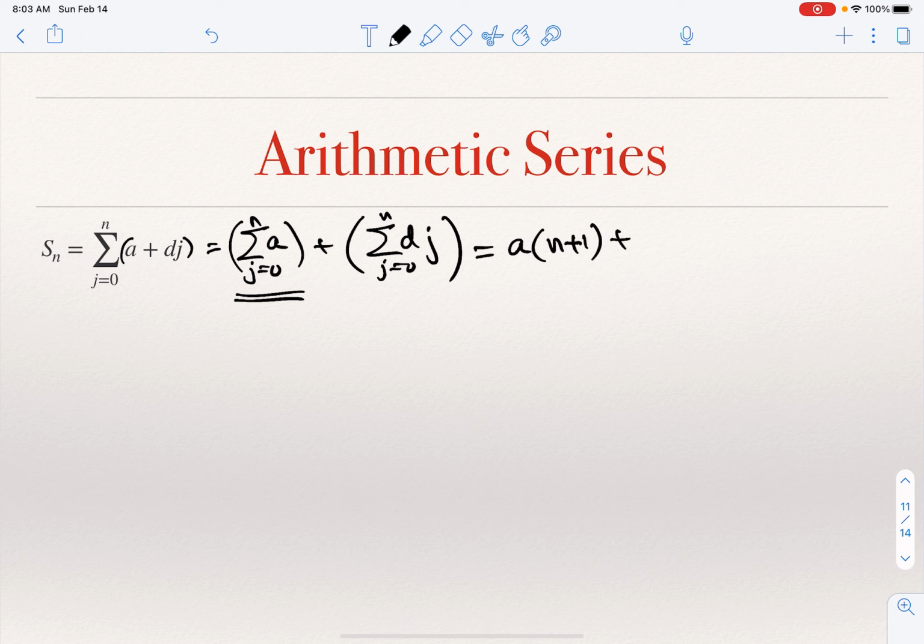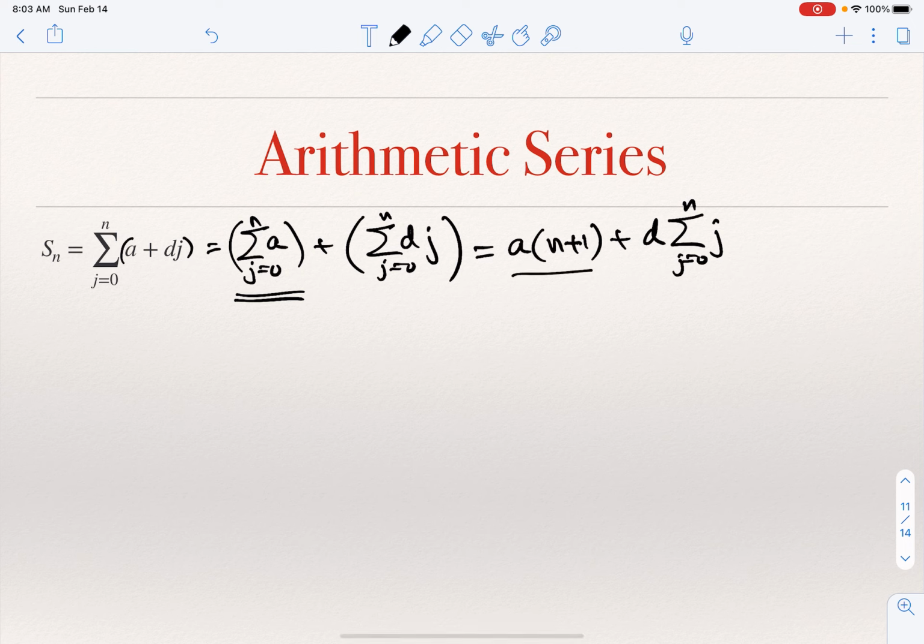The second thing is, since the second term is the summation of dj, it's d times 0 plus d times 1 plus d times 2 plus d times 3. I can get d outside the summation. Okay? So I'm making progress here in terms of getting to a sum that is in terms of a, d and n.